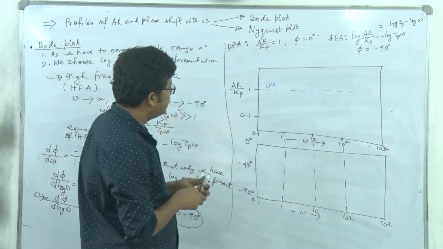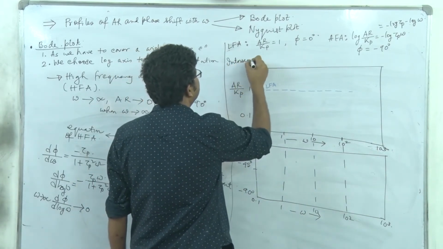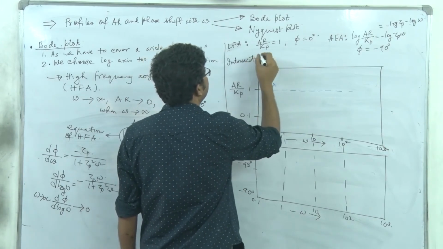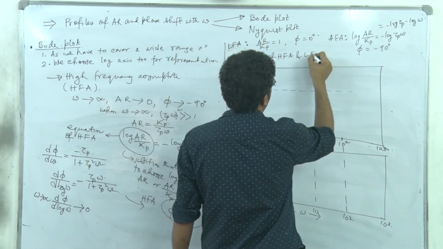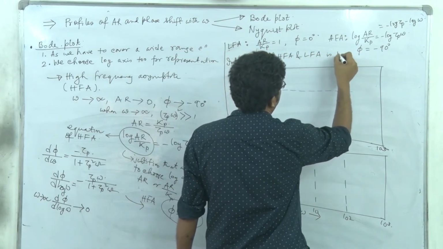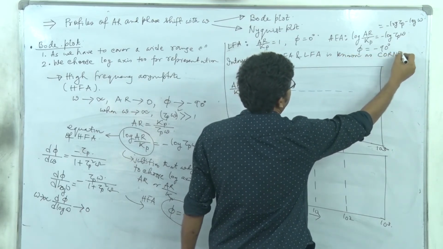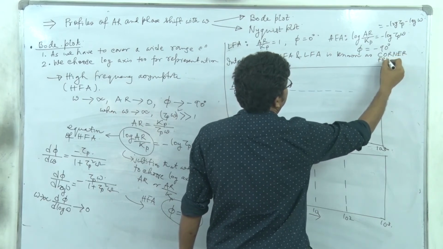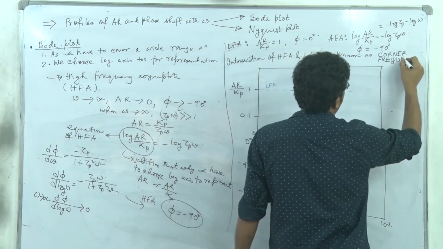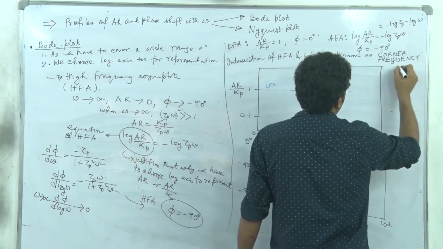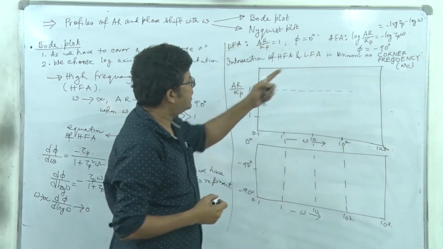So this frequency, the intersection of the high frequency asymptote and the low frequency asymptote, is known as the corner frequency, omega C, for this first order system.